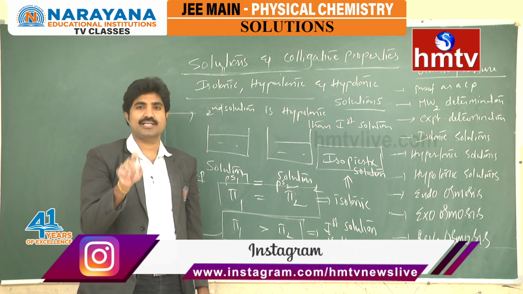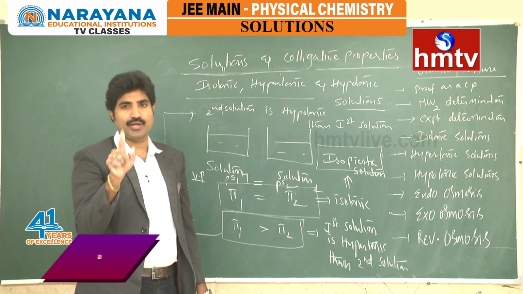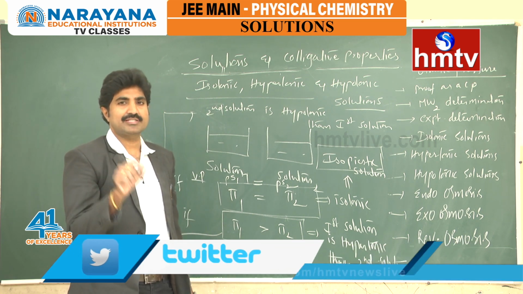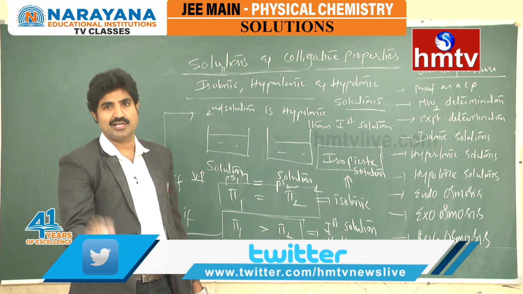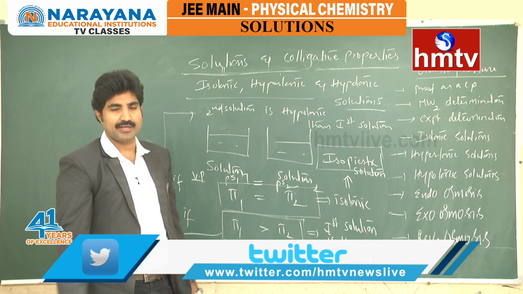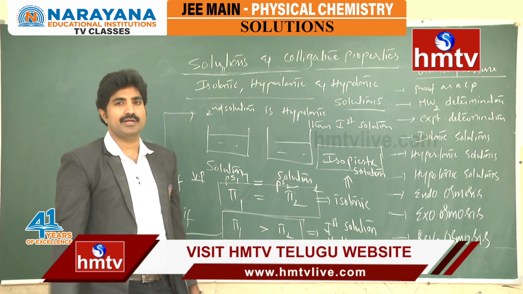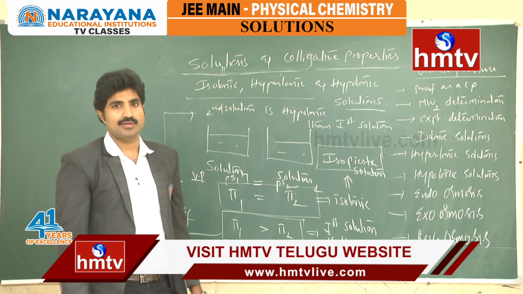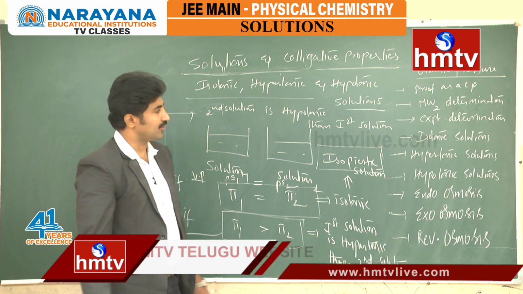If they have the same vapor pressure, by default they have the same lowering in vapor pressure, the same relative lowering in vapor pressure. We know relative lowering in vapor pressure and osmotic pressure are both colligative properties. If two solutions have one colligative property the same, the remaining colligative properties are also the same. That's why isotonic solutions have another name, isopiestic solutions.